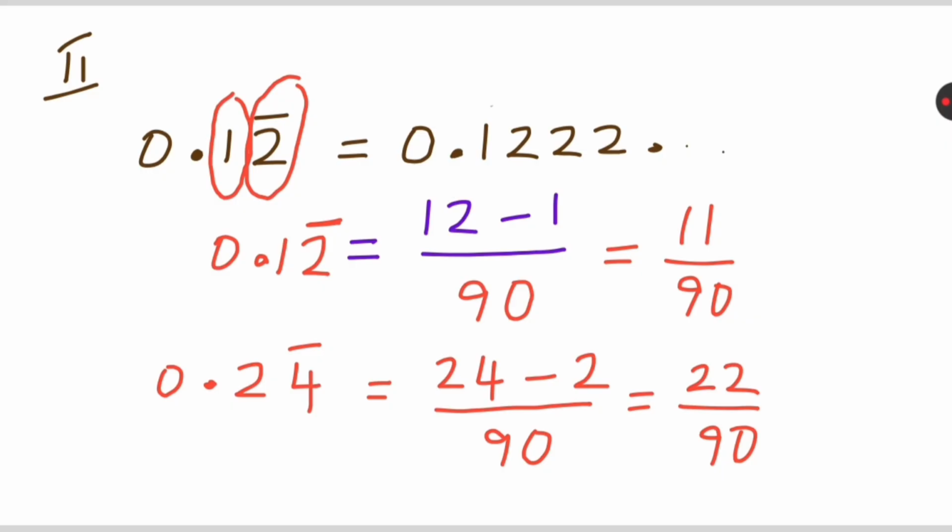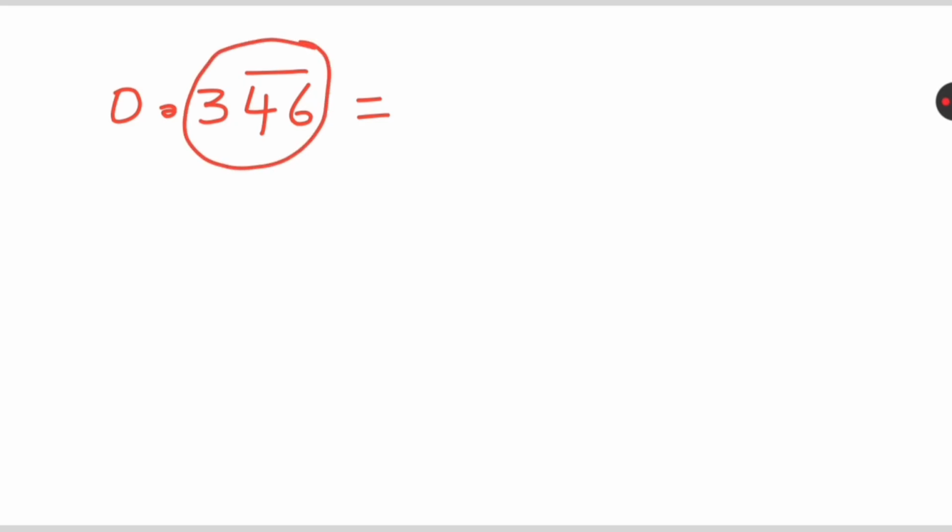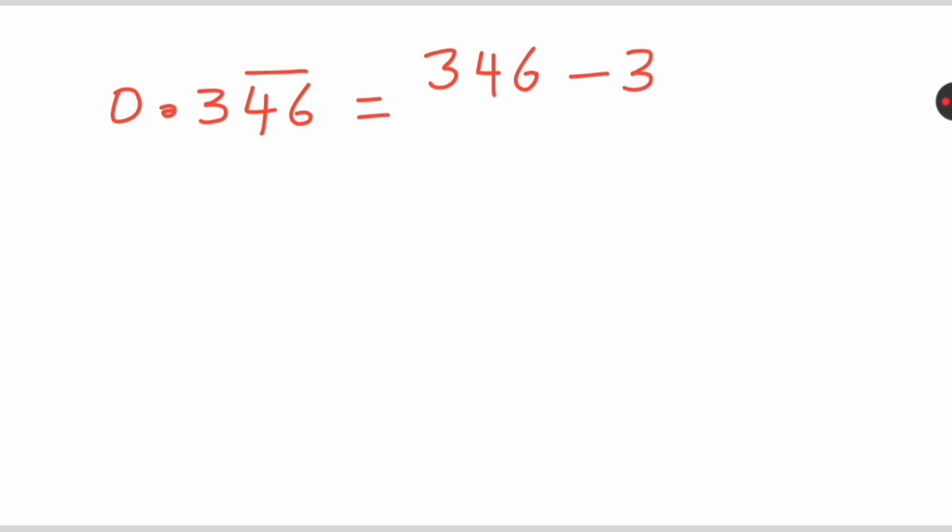Let's take another example. Suppose we have 0.346 bar. First take the whole number and write it: 346 minus the number which does not have a bar. Here the number 3 does not have a bar, so you subtract 3.